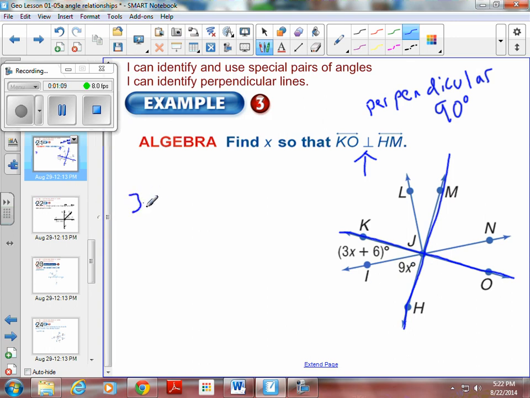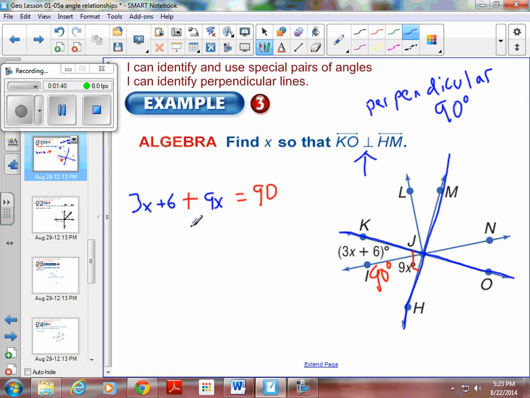So 3x plus 6 plus the 9x is equal to 90. Right, this 3x plus 6 plus this 9x together makes this perpendicular, makes this 90 degrees from here over there, 90 degrees. Okay, then you're ready to solve the problem.